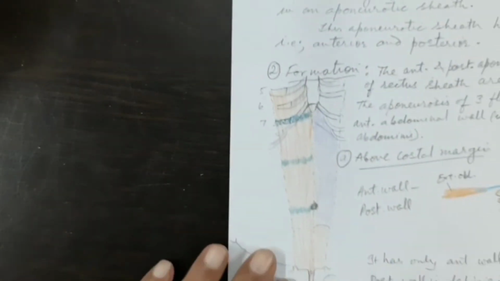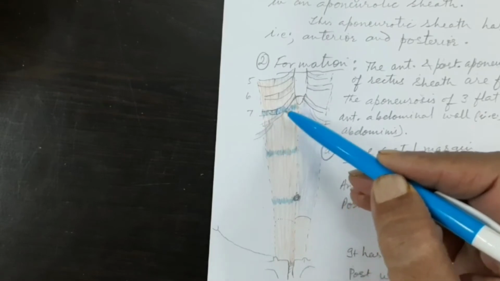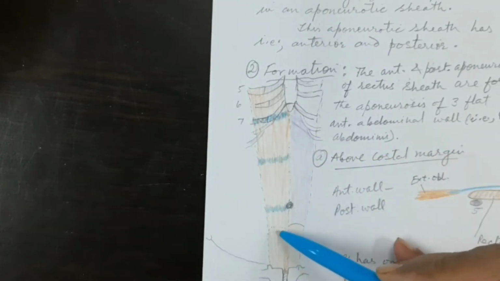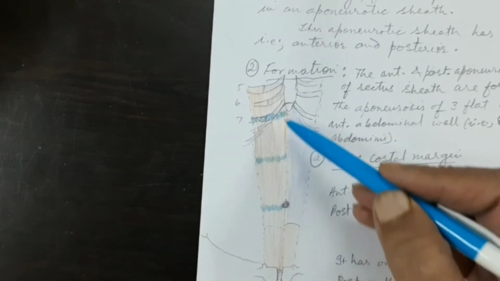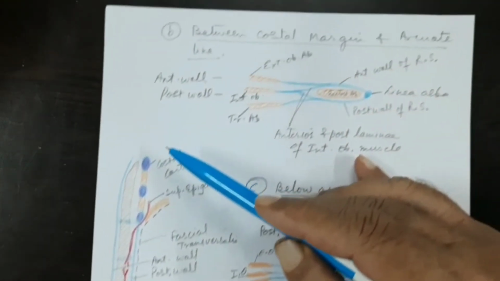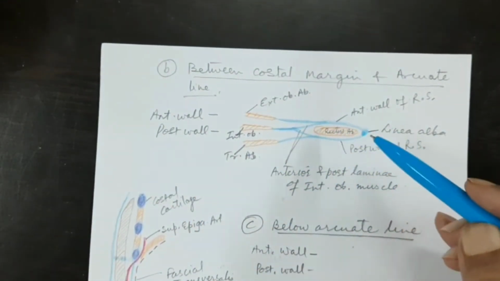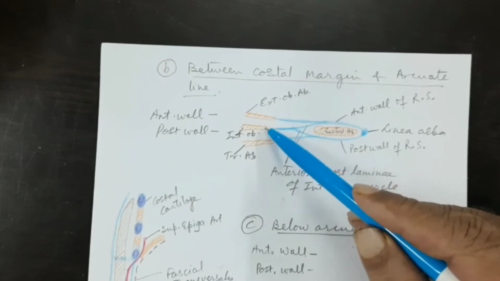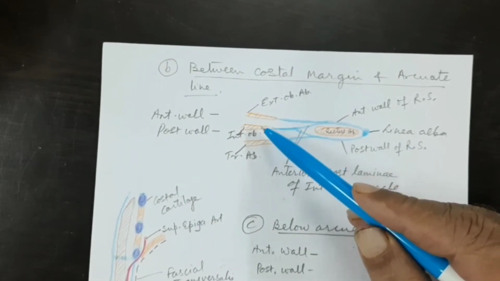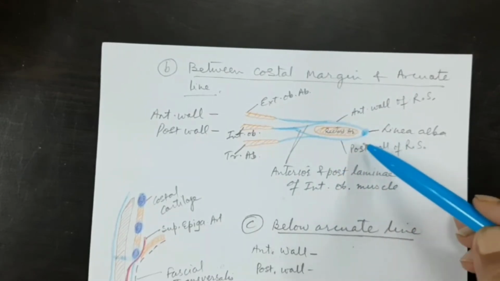This is the sheath we are learning now. Let us see how the anterior wall of the rectus sheath is forming. Here all three muscles, external oblique abdominis, internal oblique and transversus abdominis, take part in the formation of the rectus sheath.